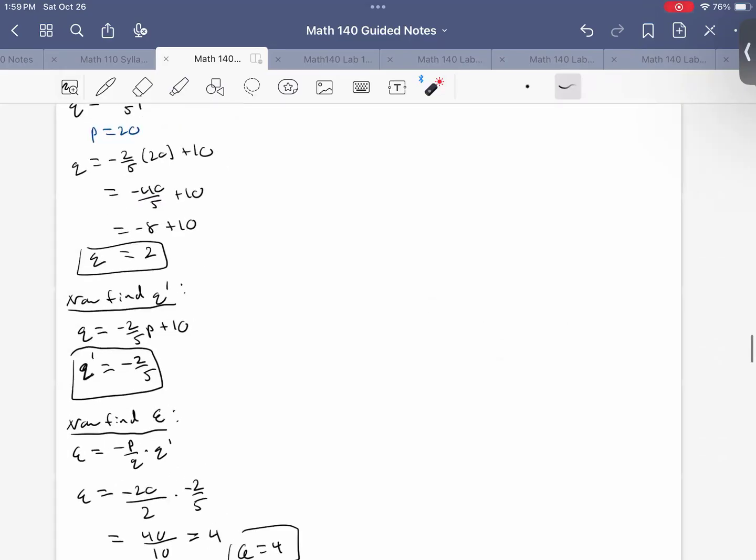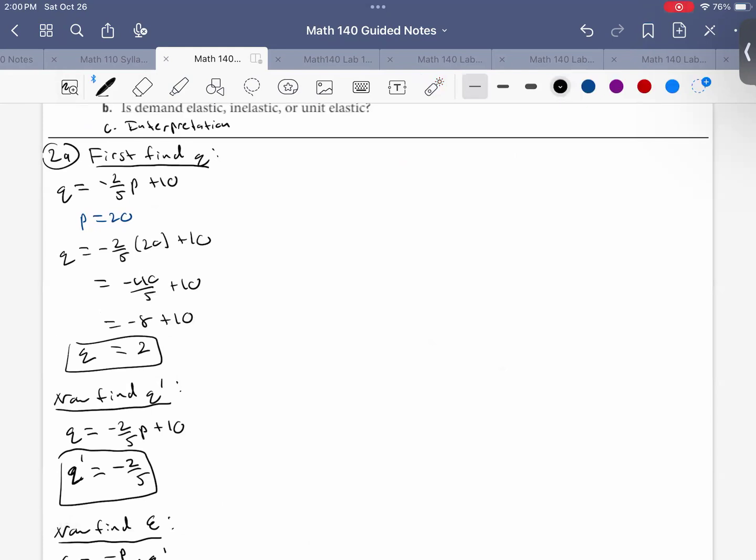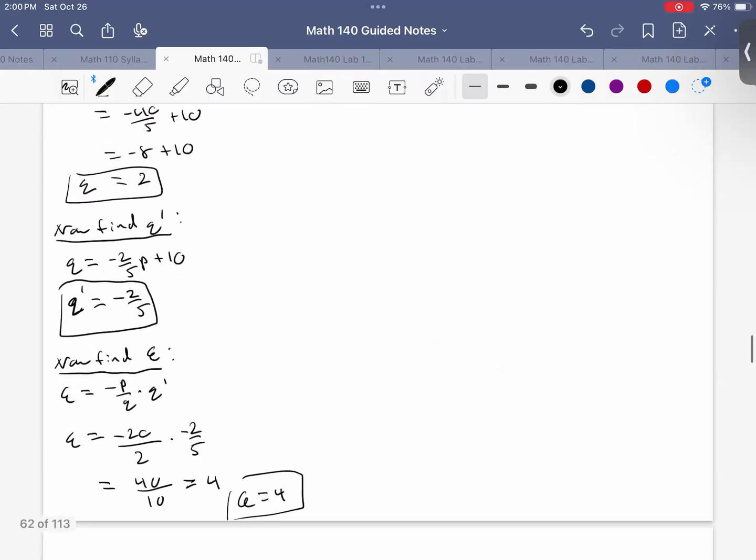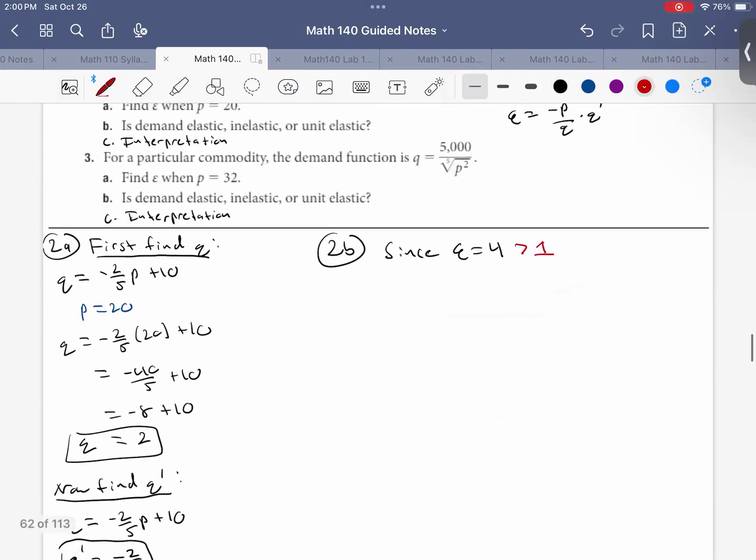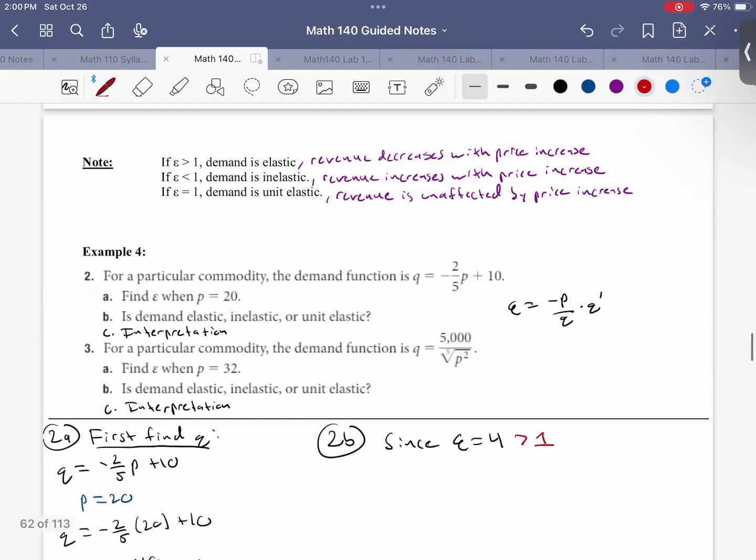So come up here, part 2B. Since we found our point of elasticity to be 4, so I'll say since epsilon equals 4, and that is greater than 1, what does that mean about our elasticity? If it's greater than 1, then the demand is elastic.